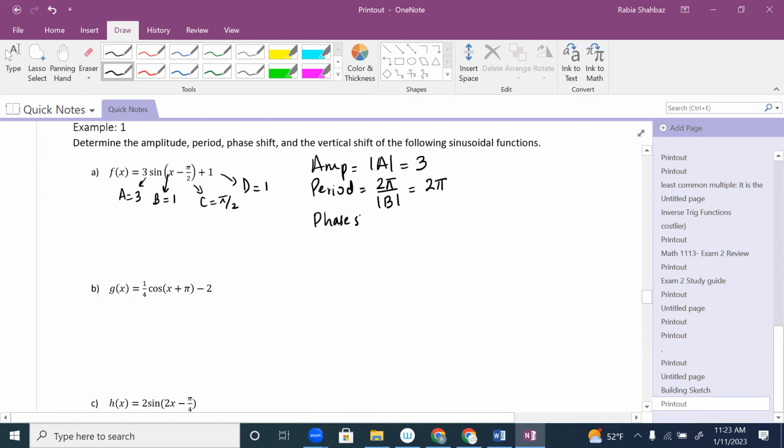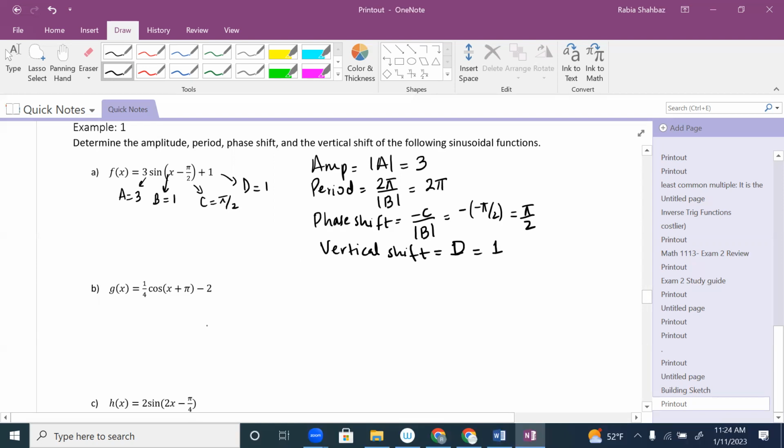Phase shift, the formula for which is negative C over absolute value of B. Negative times the negative pi over 2 will just be pi over 2, or I can say pi over 2 to the right. And then the vertical shift is shift up 1 unit. So D is equal to 1.